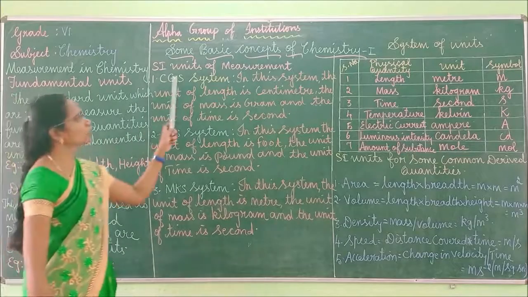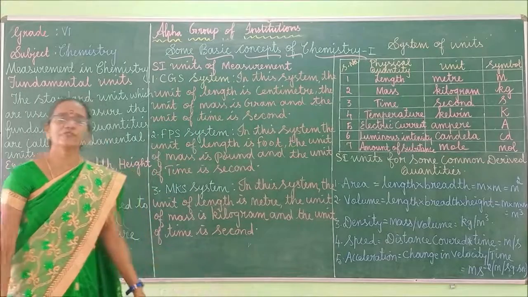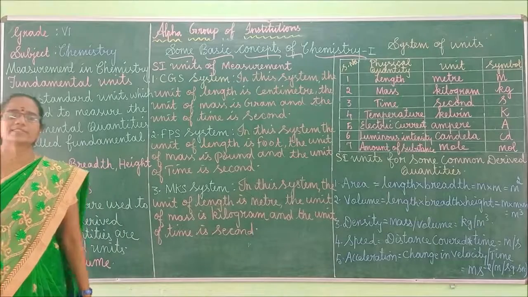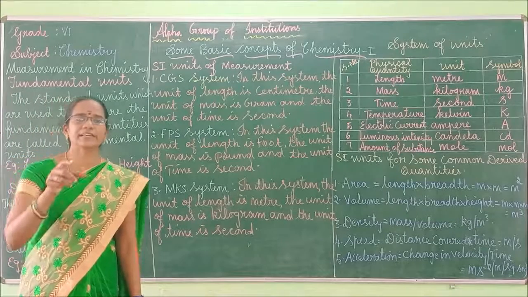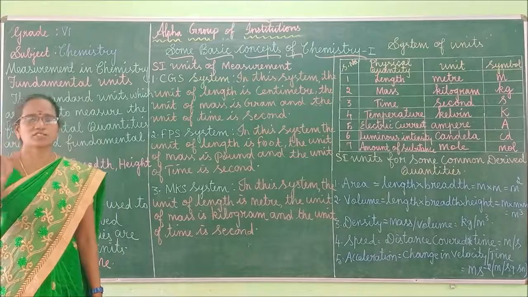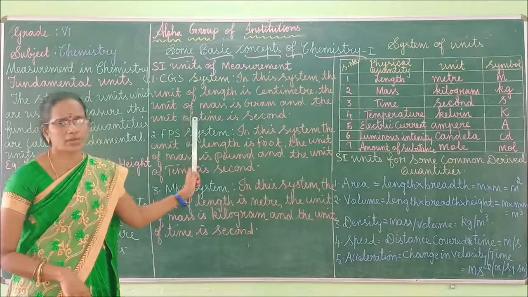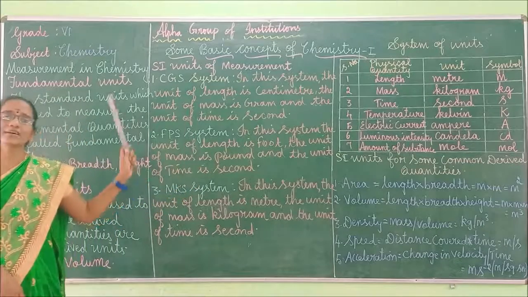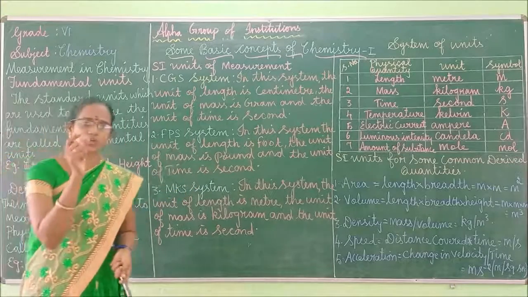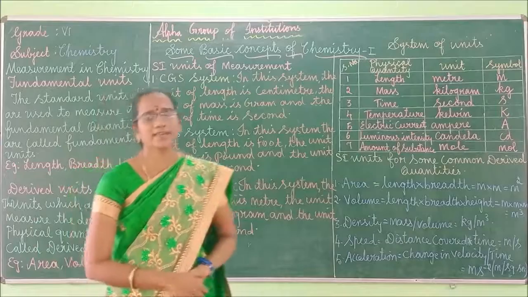Now let me move to the SI units of measurement. SI means System International or International System of Units. This is also a very important one. First you should know the abbreviation for SI.